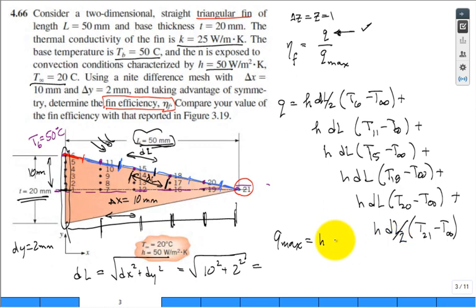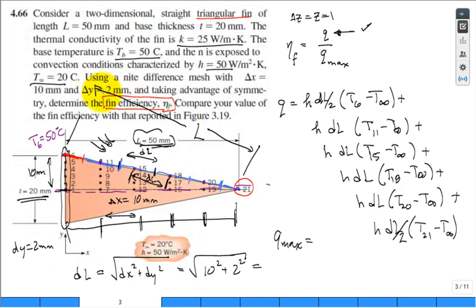So anyway, it would be H times DL over 2, then you'd put T base minus T infinity, and so on. You just take this whole equation, and then instead of the individual temperatures, take the base temperature for the surface temperature. Somebody says, why don't you just give me the total L there, which I can calculate?